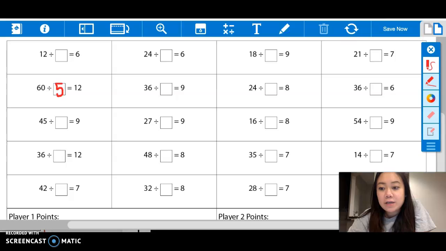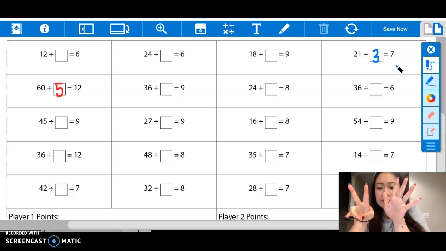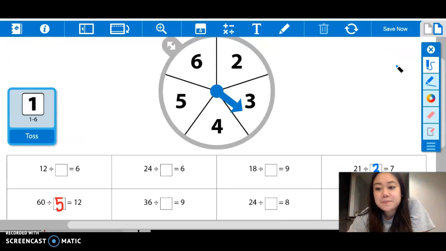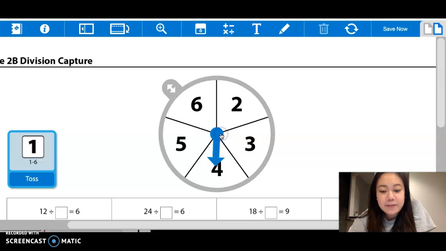I think that works. So I'm a different player, so I'm going to write 3 in here. And just to double check, I'm going to do my 3 song and see if it works 7 times. 3, 6, 9, 12, 15, 18, 21. That's correct.